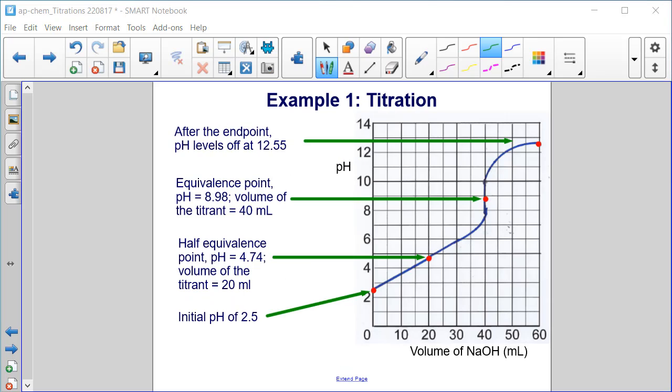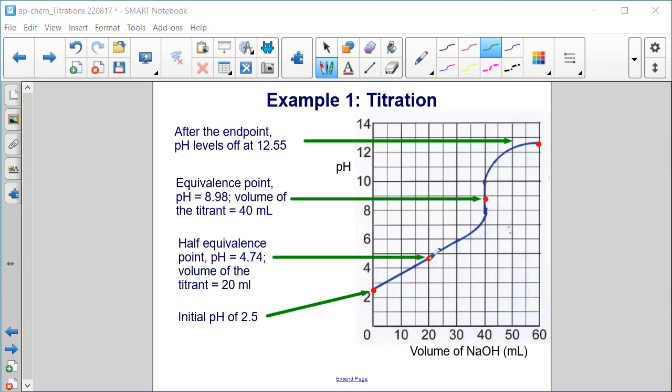All right, here is a titration curve that shows what we calculated in each of these previous parts. We initially found that the pH was 2.5. At the half equivalence point, we found that the pH was 4.74. Of course, that's the point where we added 20 milliliters of the base titrant.